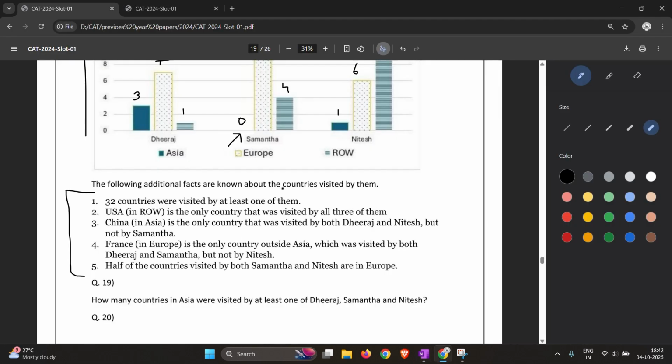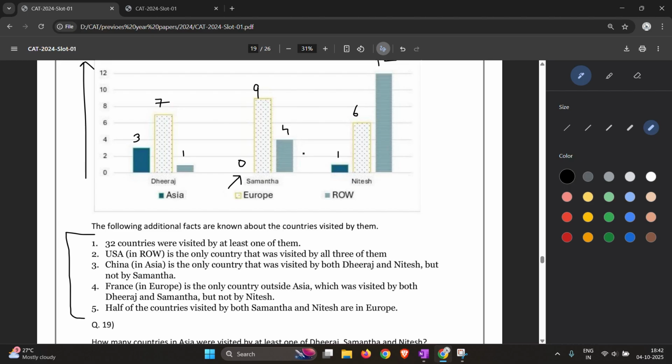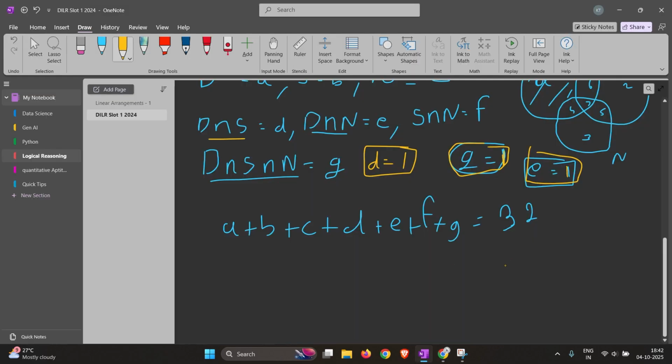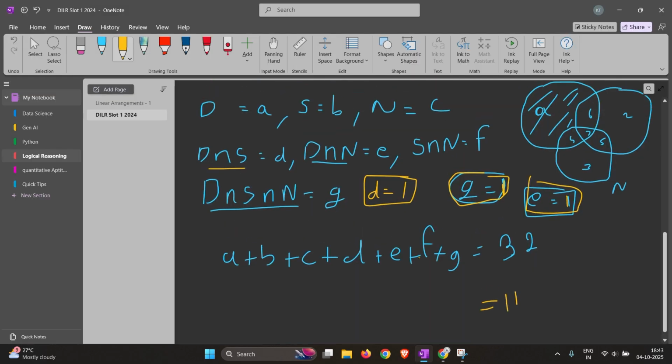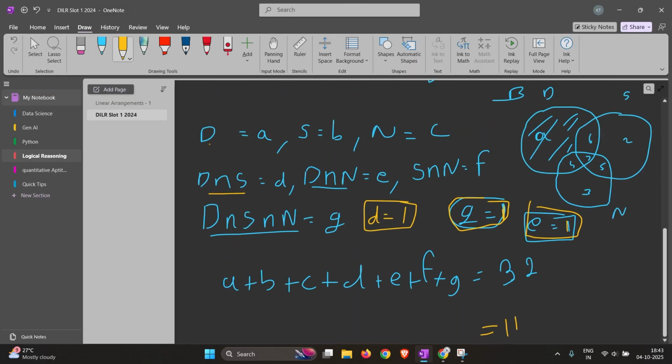So now that we have these three things that we do know, we also have some more equations that we know, because we have been given this chart as well. So let's write those equations as well. The total countries that Dheeraj visited is 3 plus 7 plus 1, 11. And what are the total countries that were visited by Dheeraj?